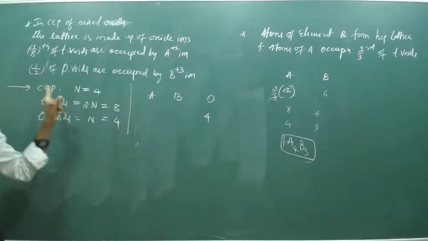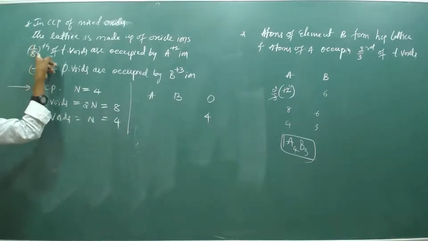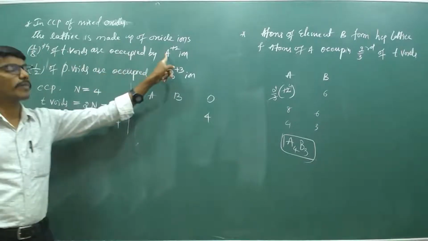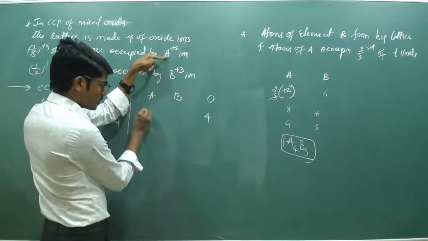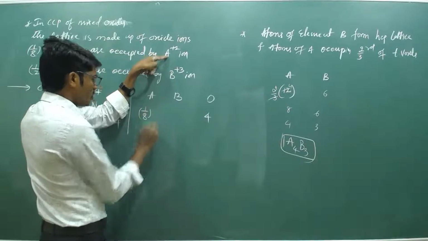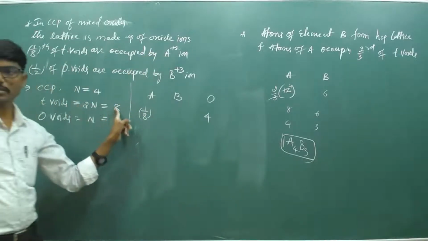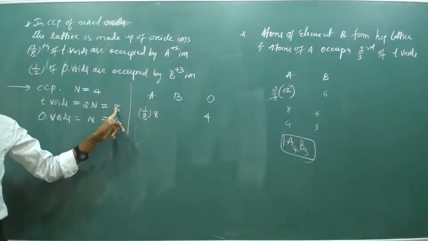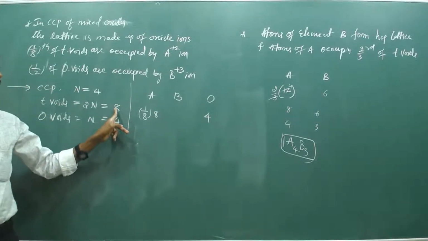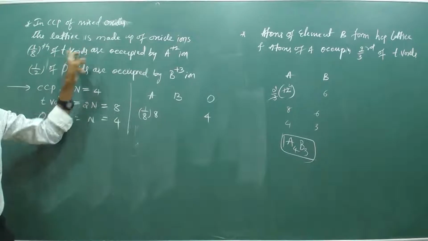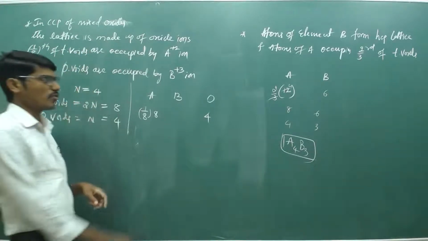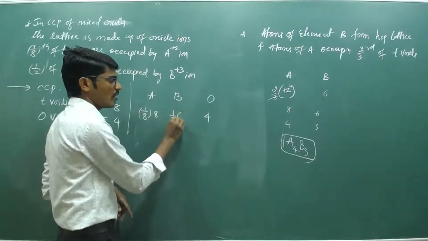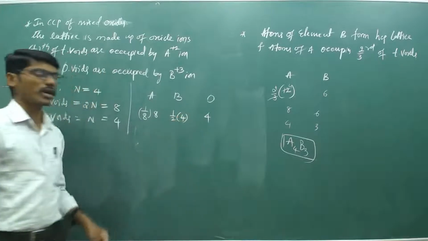Next, A. 1 by 8 of tetrahedral voids are occupied by A. Tetrahedral voids is 8, so 1 by 8 of 8 is 1. Next, half of the octahedral voids are occupied by B, so that is 2.